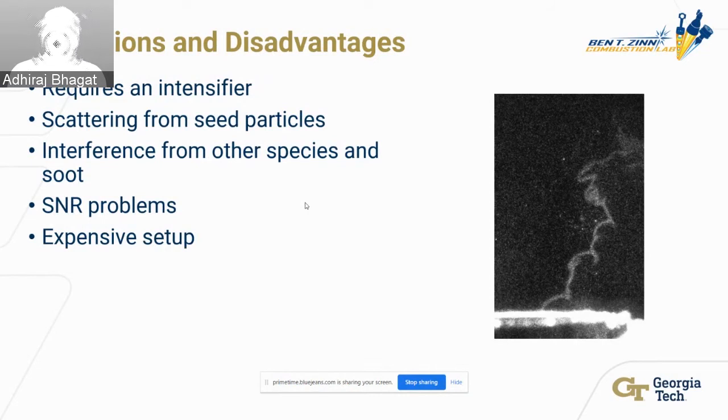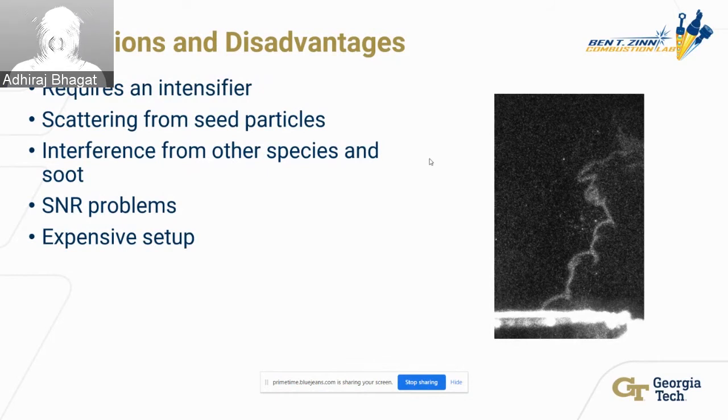There's going to be some scattering from seed particles in the configuration we used, because PLIF does not need seed particles, but we also combined it with ThermoPIV. So as you can see in this image, you'll see a few very bright spots, and that is scattering of the laser light from seed particles. There could be some interference from other species.